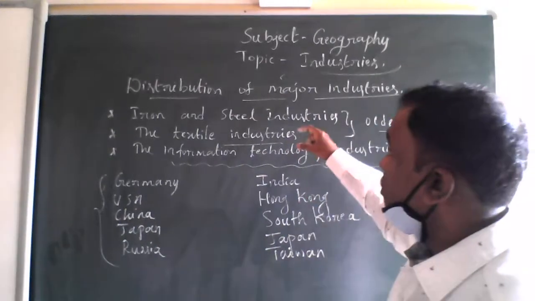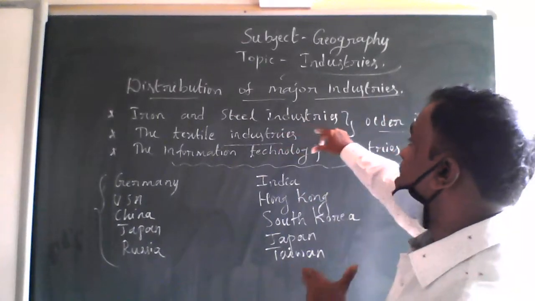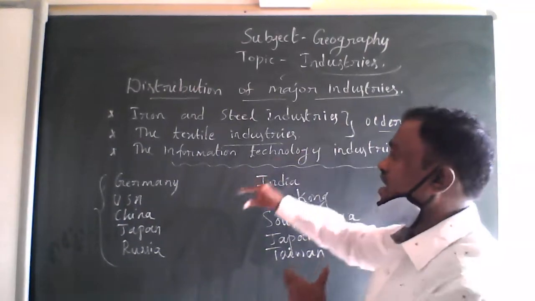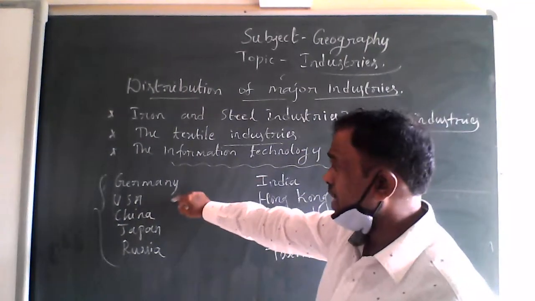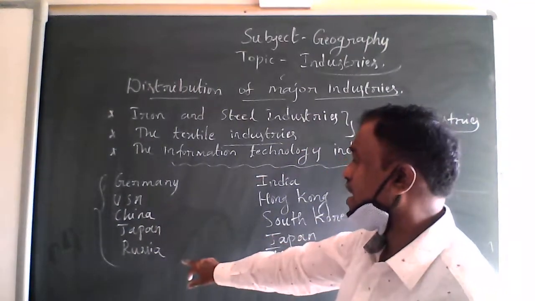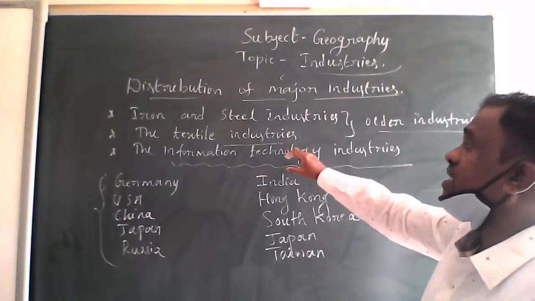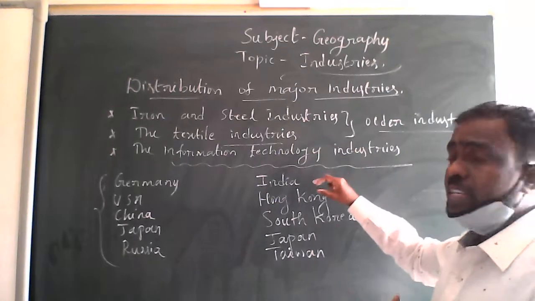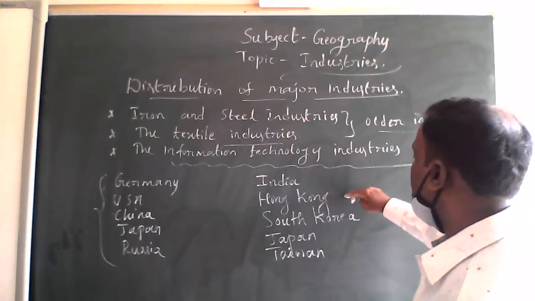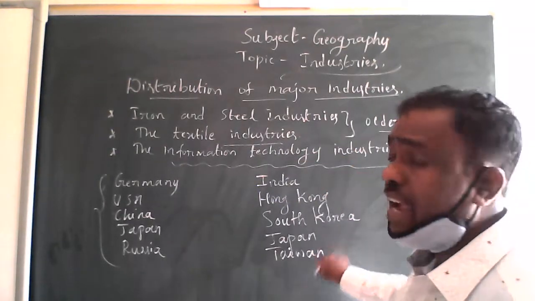See, the world's major iron and steel industries are located in Germany, USA, China, Japan and Russia. And the world's major textile industries are located in India, Hong Kong, South Korea, Japan and Taiwan.